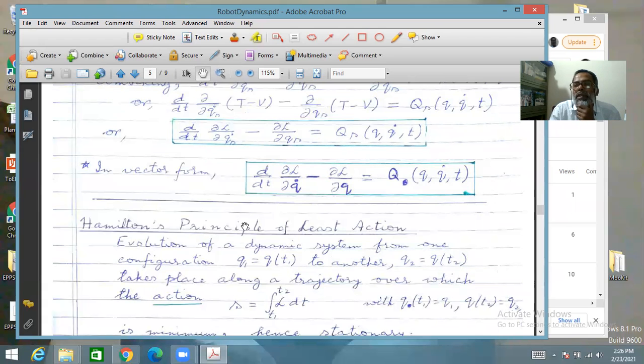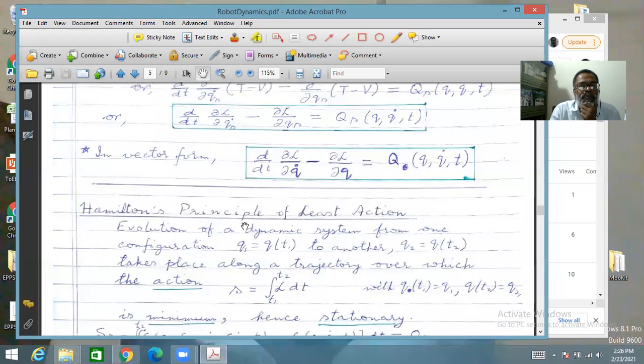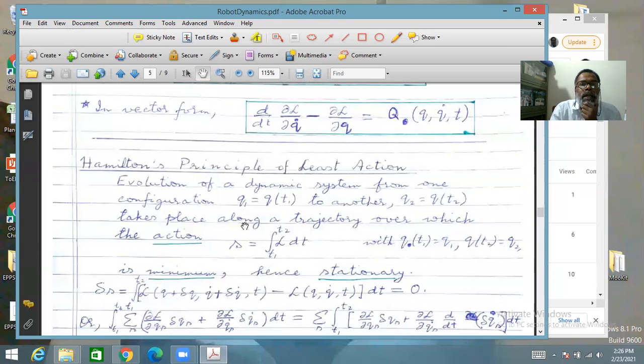Okay. So what does this principle of least action by Hamilton say? It says the evolution of a dynamic system from one configuration Q1 at time t1 to another configuration Q2 at time t2 takes place along a trajectory over which the action, which is the integral of the Lagrangian with the initial point bound to Q1 and the final point bound to Q2 at times t1 and t2, is a minimum.